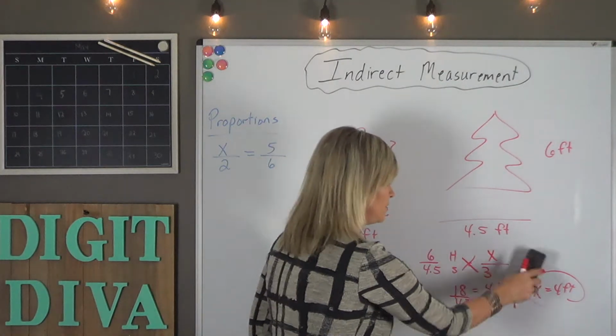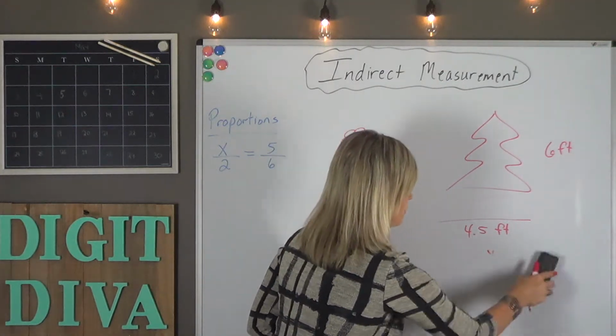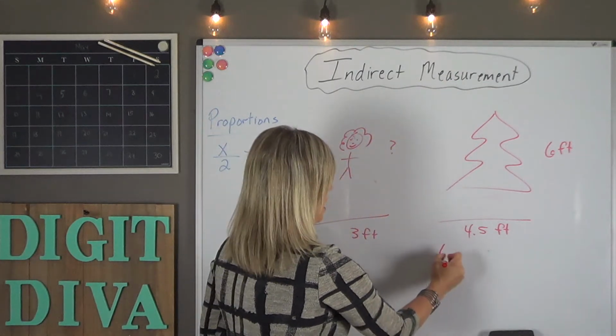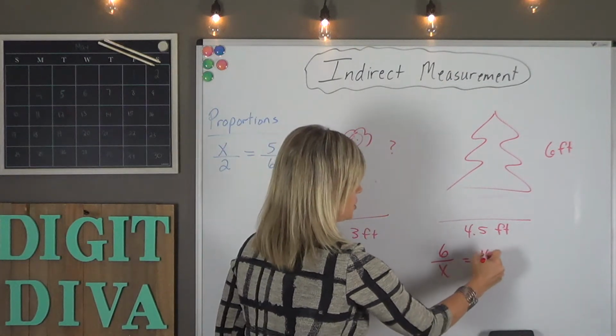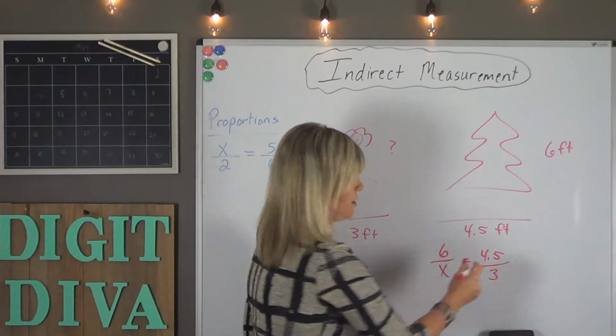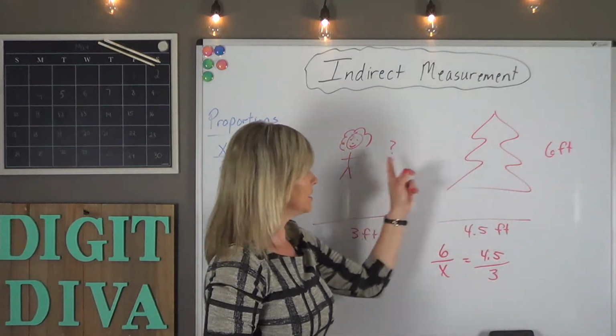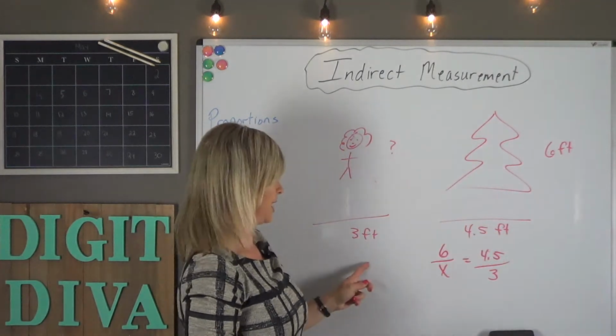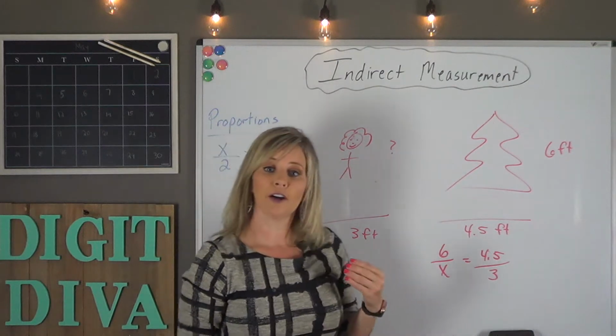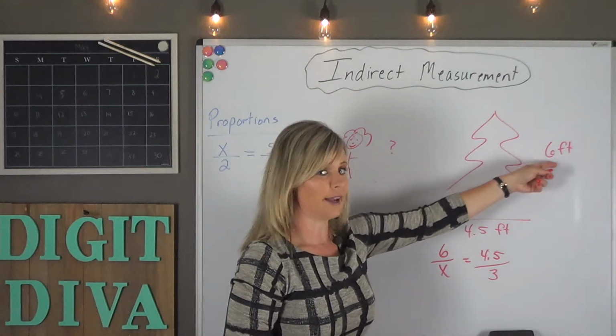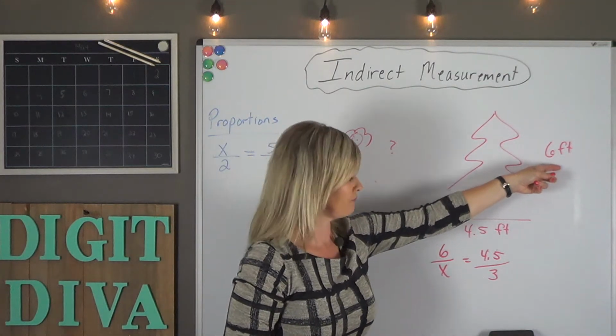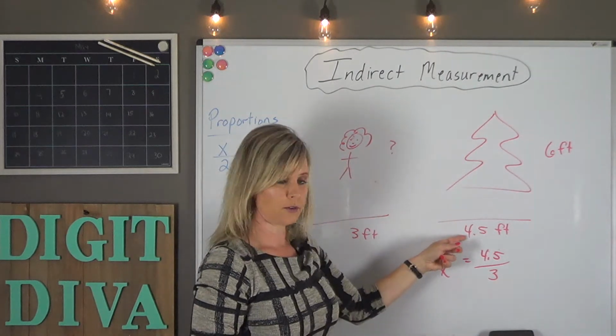You do not have to do it that way. Again, it's your preference. I could have said height is to height as shadow is to shadow. Notice how I created my numerators. Height was from the tree, and then the shadow was of the tree.